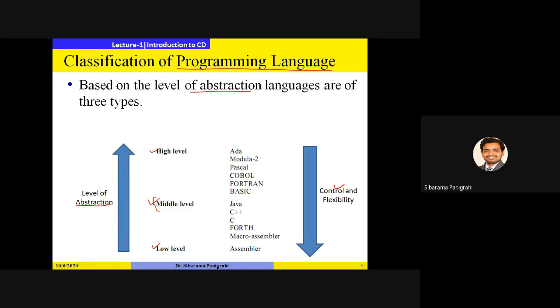Without knowing those things, he is able to write a program and solve a particular task. This is called abstraction. We use things without knowing the underlying details.